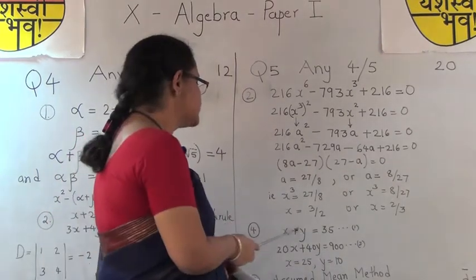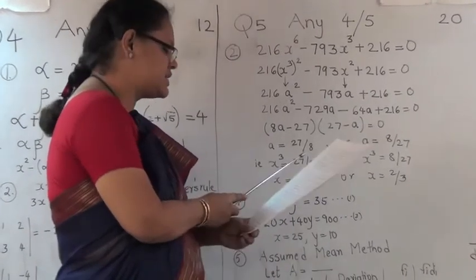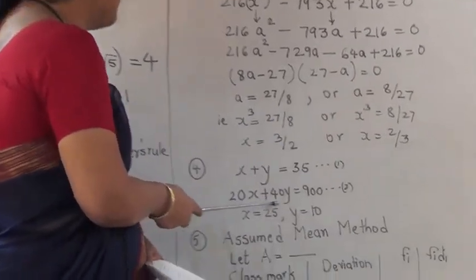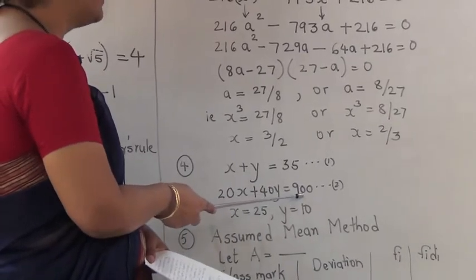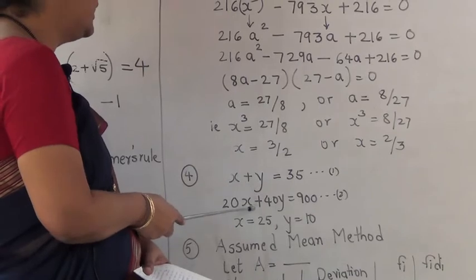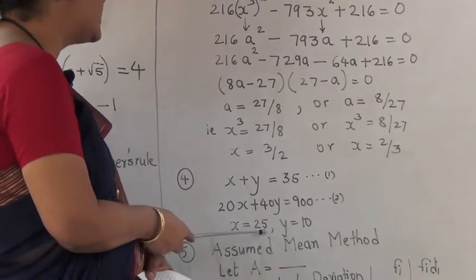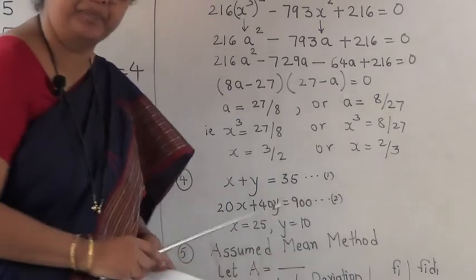Write the two equations as x plus y is equal to 35, because the number of tickets are 35, and then accordingly the price 20x plus 40y is equal to 900, where you can reduce by 20, and so you get the two equations. Solve them simultaneously to get the value of x as 25 and y as 10.